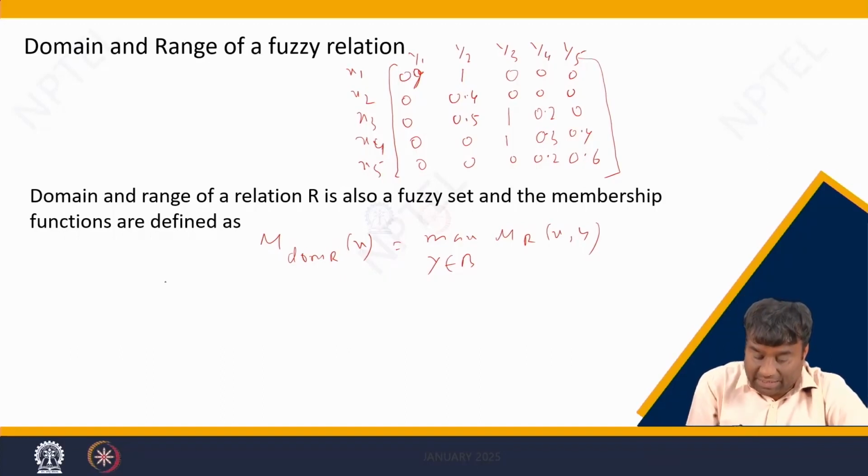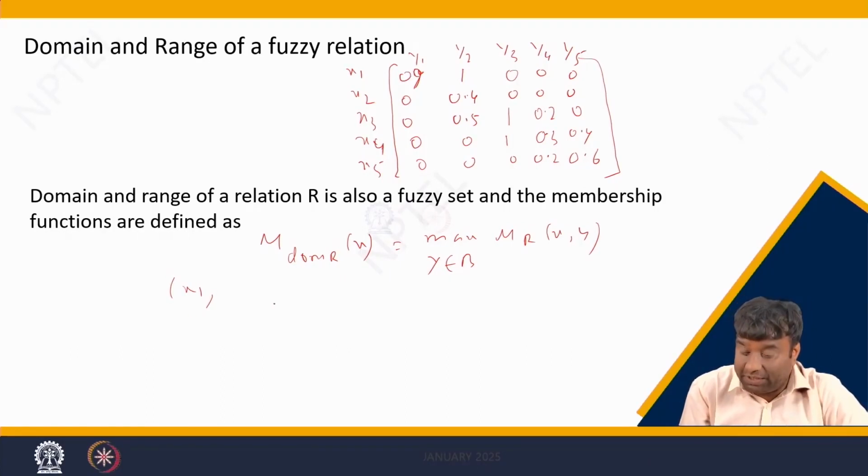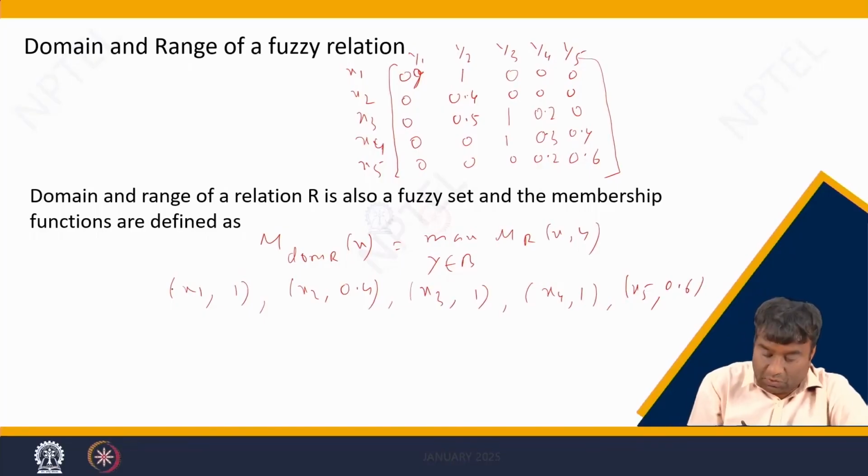For x1 the maximum value is 1, for x2 it is 0.4, for x3 it is 1, for x4 it is 1, and for x5 it is 0.6. So this is the domain of R.